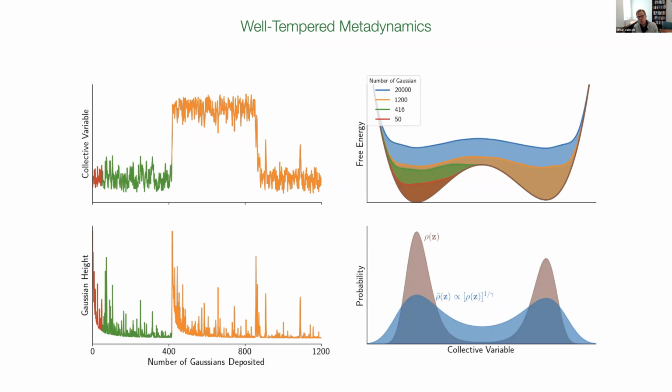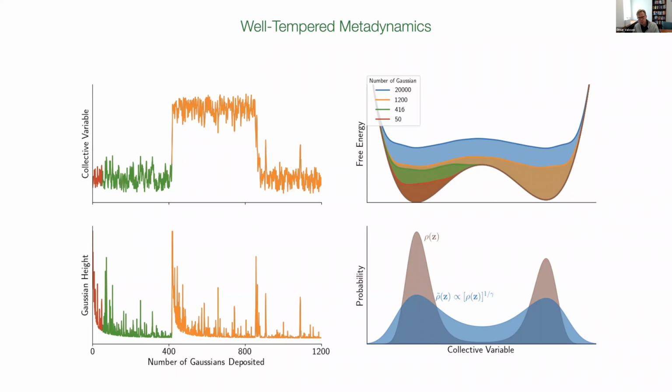And this is a prototypical example of a well-tempered metadynamics simulation. Here we have some collective variable. We start in this state here, then we go to the other state, evaporate a bit of that state, go to the other state, and then continue.